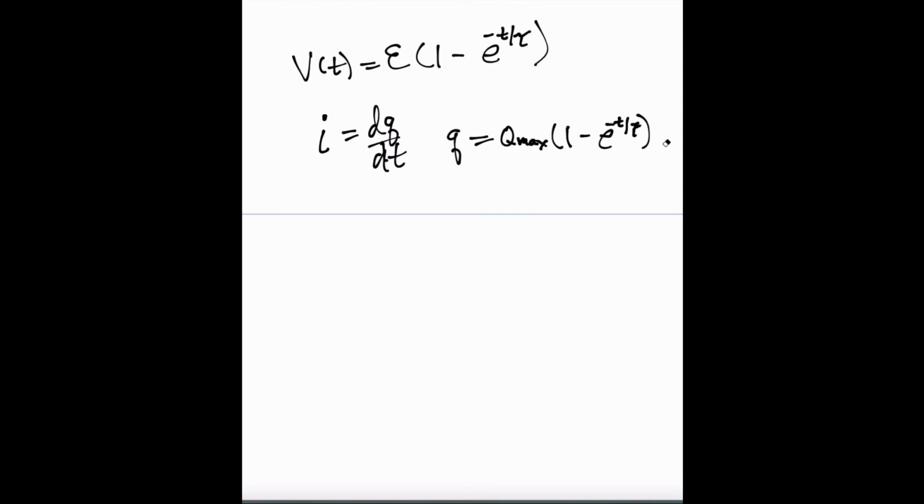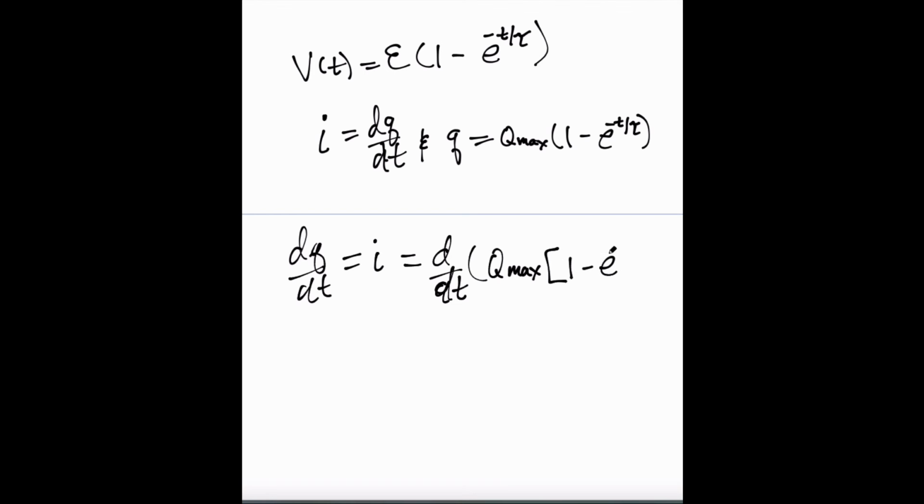All right, so we can actually take the derivative of this guy. So dq dt, which is literally the current, is derivative with respect to time of Q max times, I'm going to switch to square brackets here, e to the negative t over tau.